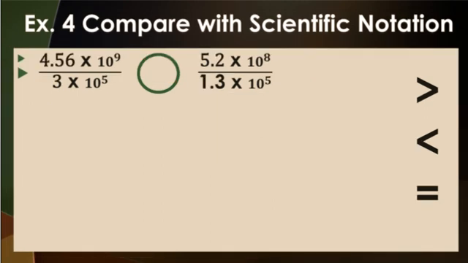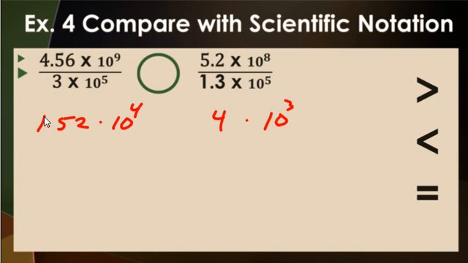Next example, we have 4.56 divided by 3 gives us 1.52 times 10 to the fourth. So just subtracting 9 and 5. Over here we got 5.2 divided by 1.3 gives us 4 times 10 to the third. And if we want to compare, if you can't tell from scientific notation, you can always put it in the standard form.